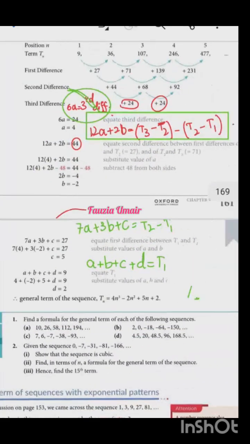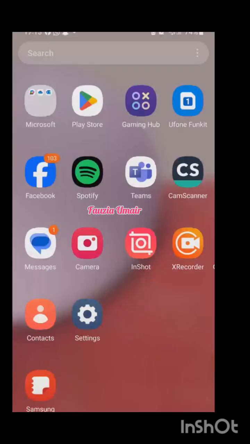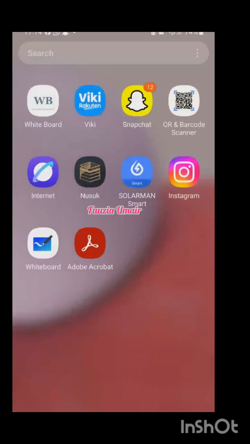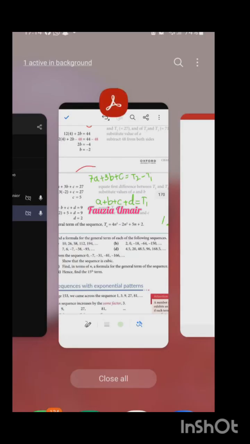You can see these are all cubic sequences. We need to find the general term formula for these sequences. So let me open the whiteboard. This is 20 minus 18.